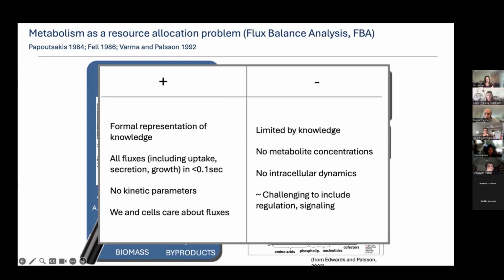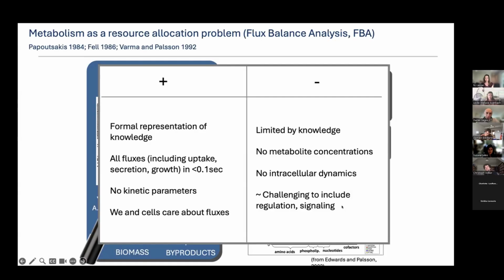As I mentioned, this is limited by knowledge, so gaps in the network and missing genomic information is an ongoing challenge. It's very difficult to predict metabolite concentrations and intracellular dynamics. And one of the ongoing challenges is also incorporating regulation and signaling.